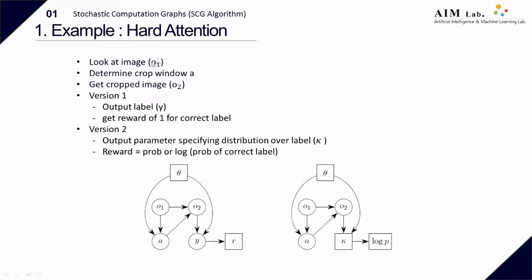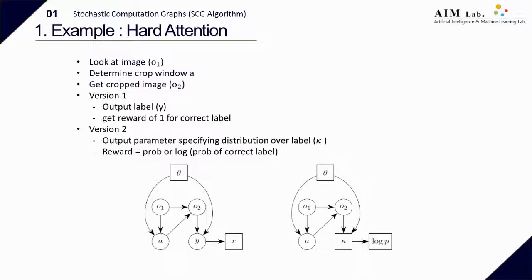Observation 1 is called O1, and then we determine some kind of crop window A. Our action is choosing a crop window and getting a cropped image from the input image and crop window, and the output is the guess of the label for the input image.